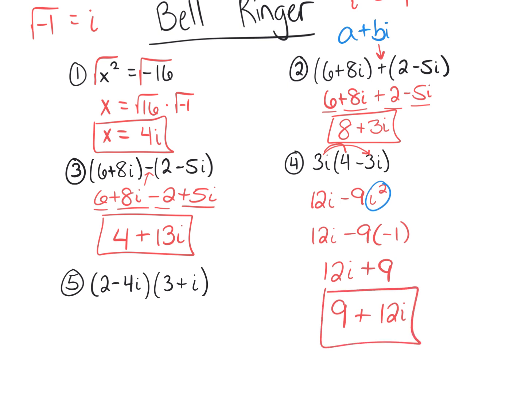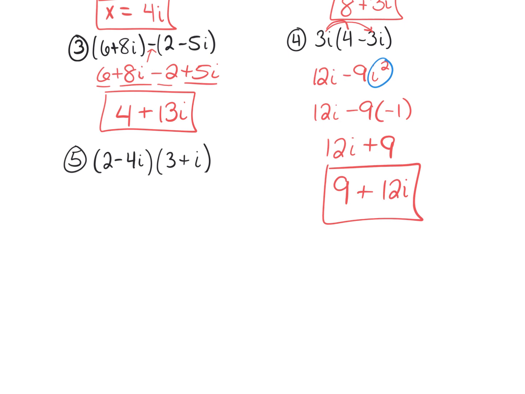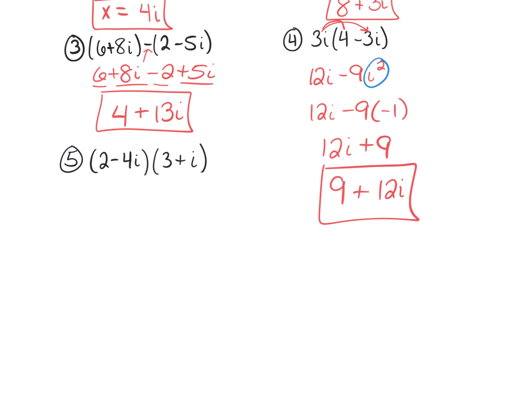Last one here, number 5. What operation's happening? The same as the beginning. Multiplication, right? So think, since I have 2 numbers here, I'm distributing both one at a time. So 2 times 3 is 6. 2 times i, 2i. Negative 4i times 3, negative 12i. And then negative 4i times i, negative 4i squared.